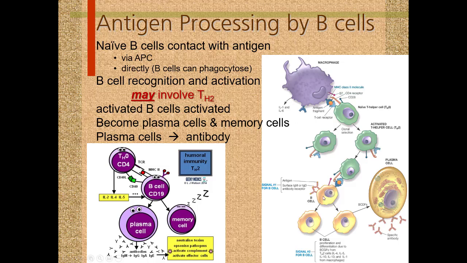They are not your usual phagocytic cells like dendritic or macrophages, but they can phagocytose, and so they can actually self-activate after phagocytosing. They do not need the APC. They don't need the T helper. That's usually the usual way that it happens with those cells, but not always.